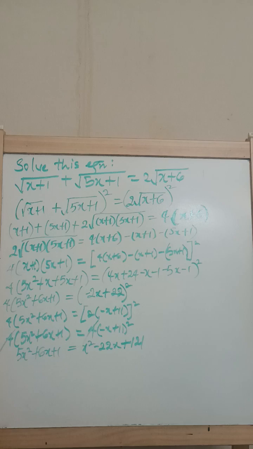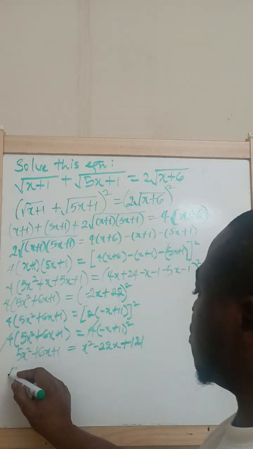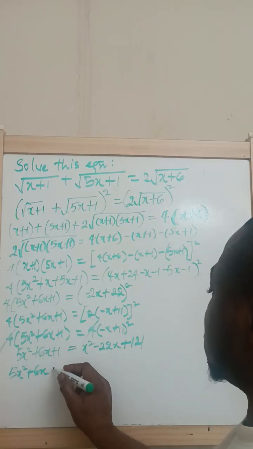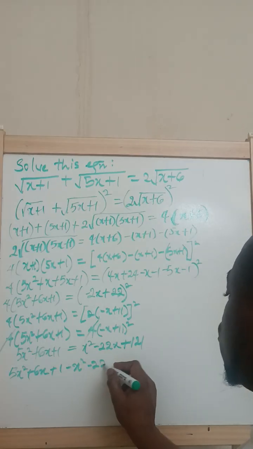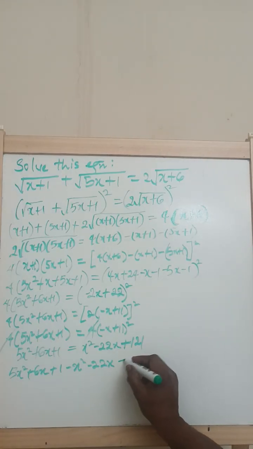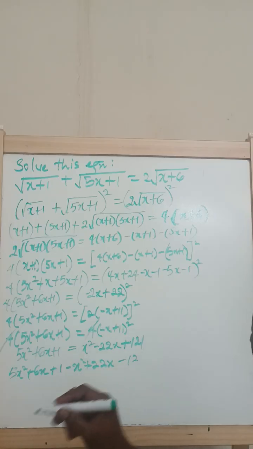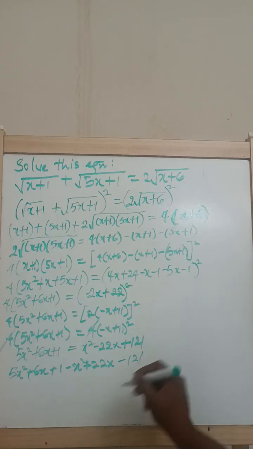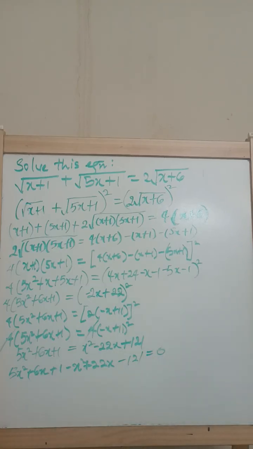So the next thing we want to do is to now bring everything to one side of the equation. So that will be 5x squared plus 6x plus 1 minus x squared minus 22x. Then minus 121 is plus 22x, not minus. Plus 22x minus 121 equals 0.